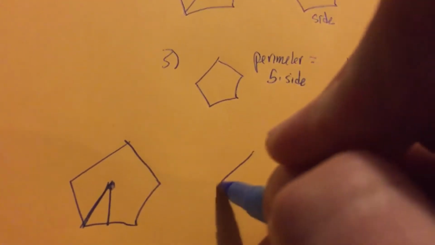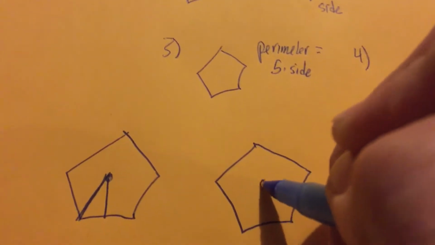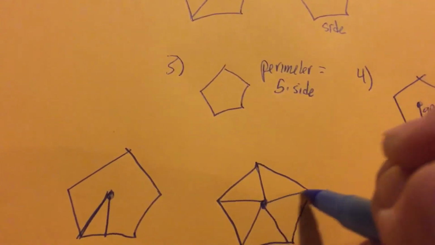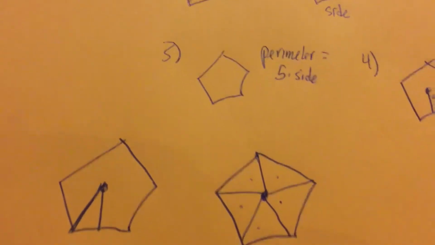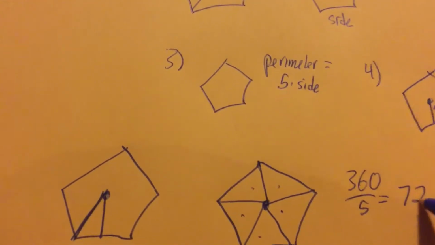So let's do a little recap. I have a regular pentagon, and if I have the center, I can draw all these triangles. I have 1, 2, 3, 4, 5 triangles. 360 divided by 5 is 72.